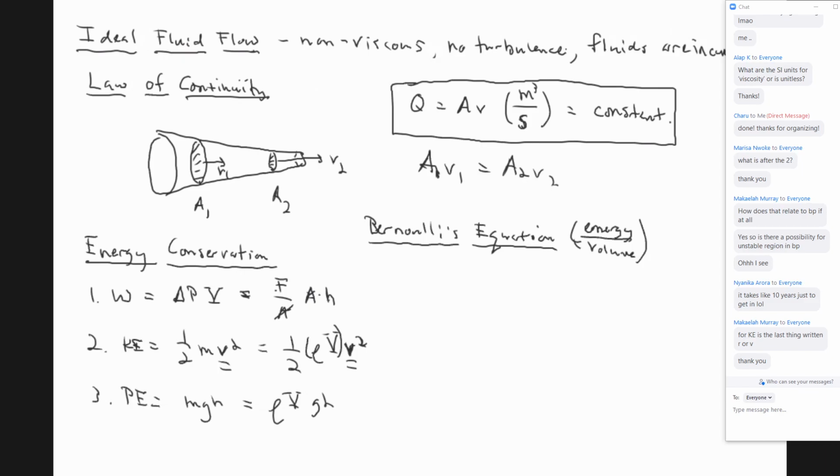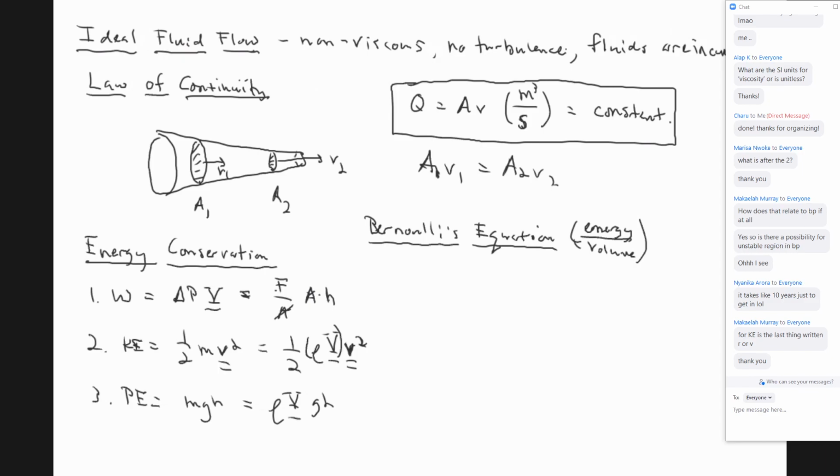Right? Because we know the law of continuity exists, that's what Bernoulli was using. He says that it's the same volume at any given place that I go across, right? At every cross section. So I can conserve all the energies that we have here with volume involved in them, right? And just cancel it out.